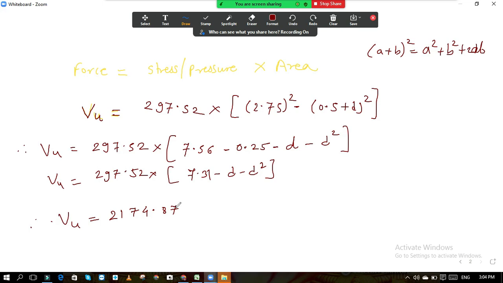Right? Then it is 2174.87 minus, if you multiply, 297.52d, then again minus 297.52 d square. So this is our equation number 1.